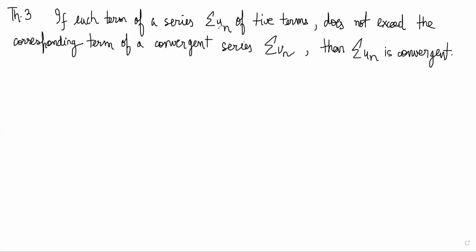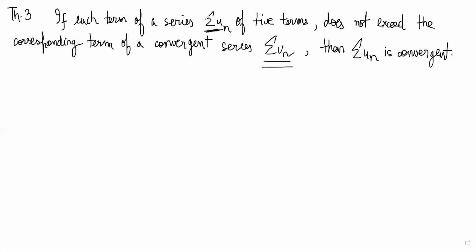So this is obvious. We don't know anything about the un series. We know that the vn series is convergent, and terms of un are less than or equal to corresponding terms of vn. So since the vn series converges, un will also converge, right?